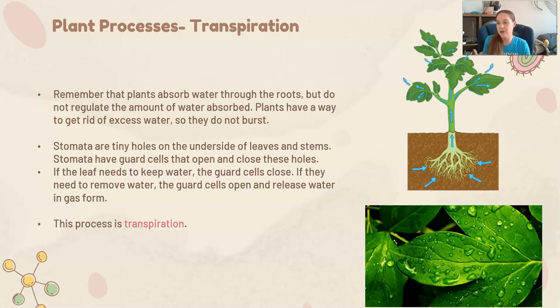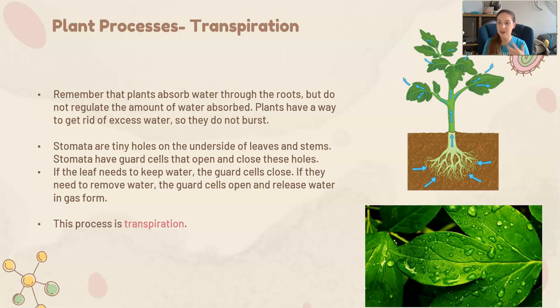Think about it, like when we're thirsty, we drink, and when we're not thirsty anymore, we just stop drinking. Plants cannot do this. Their roots are constantly absorbing more water. There's no valve to shut that off. Plants, because they continually bring up water, have to have a way to get rid of the extra water. This is what transpiration takes care of.